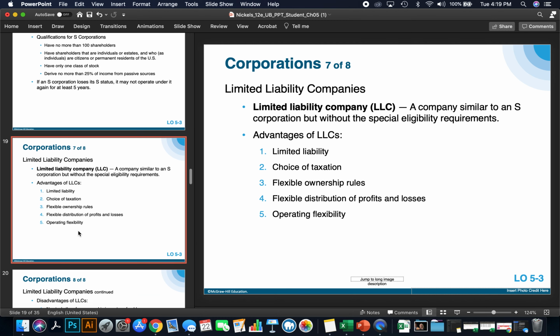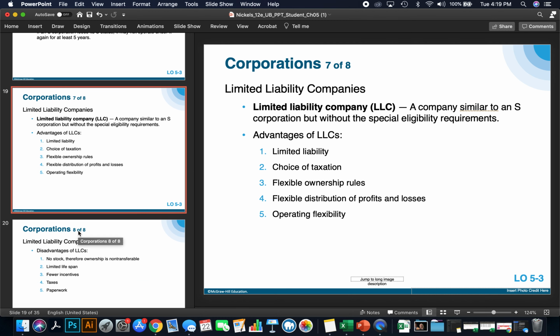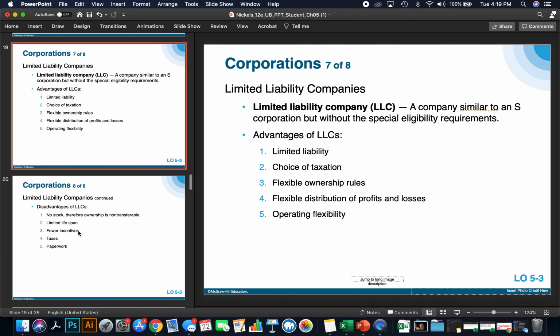Now, a limited liability company is something that I recommend for all small businesses. A limited liability company is similar to an S corporation, but without the special eligibility requirements. Some advantages of becoming an LLC: limited liability, choice of taxation, flexible ownership rules, flexible distribution of profits and losses, and operating flexibilities.